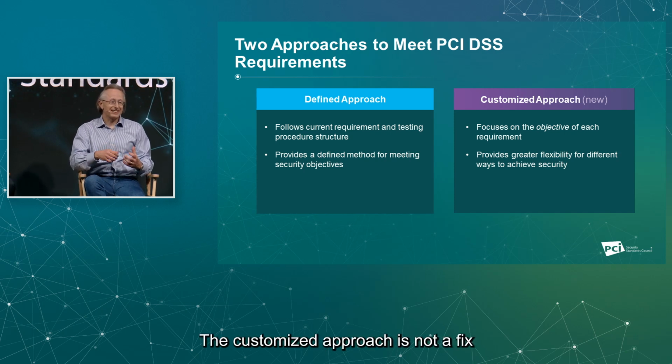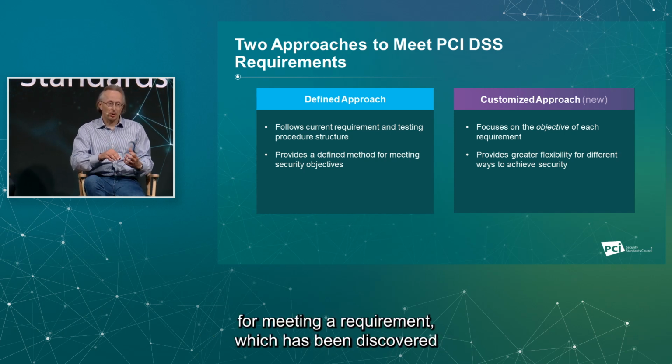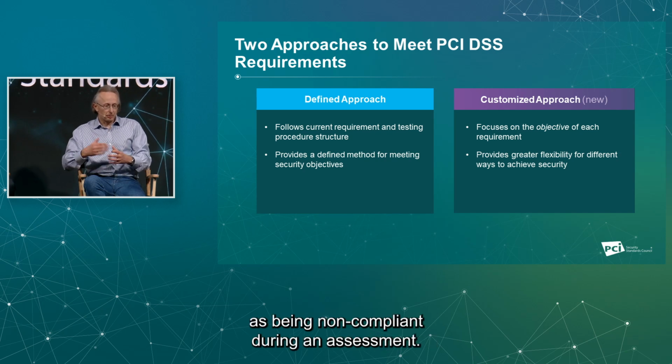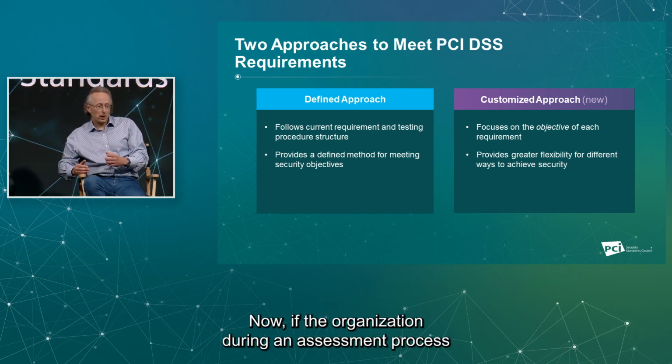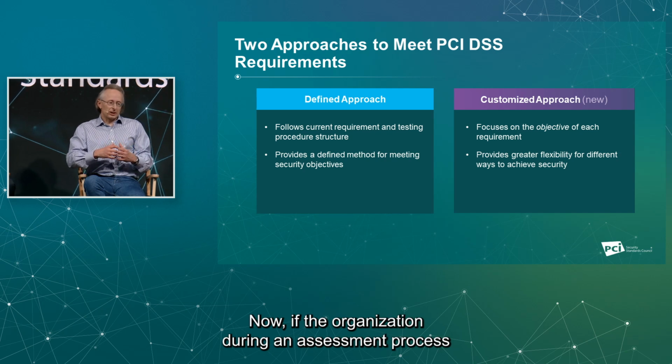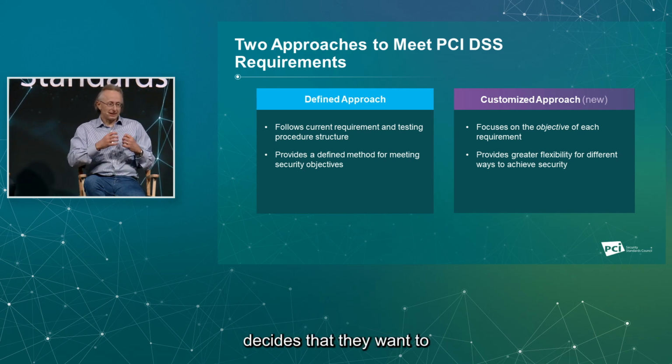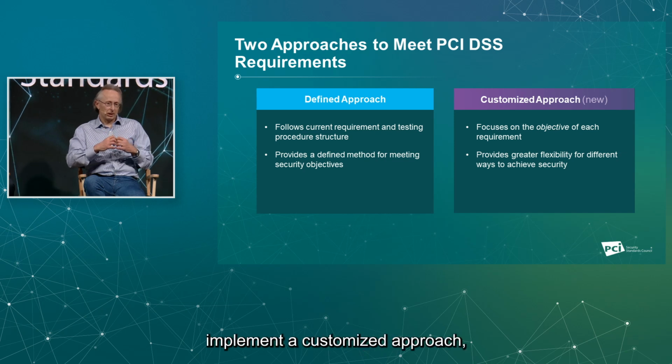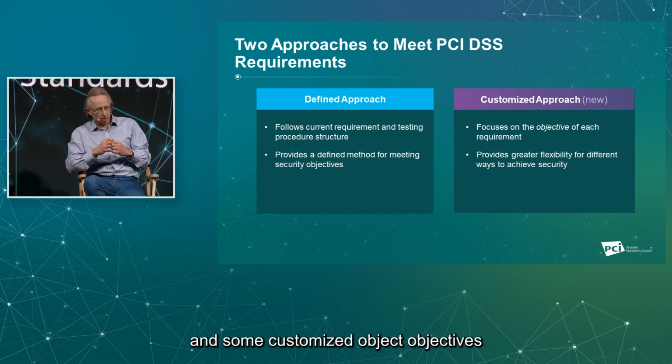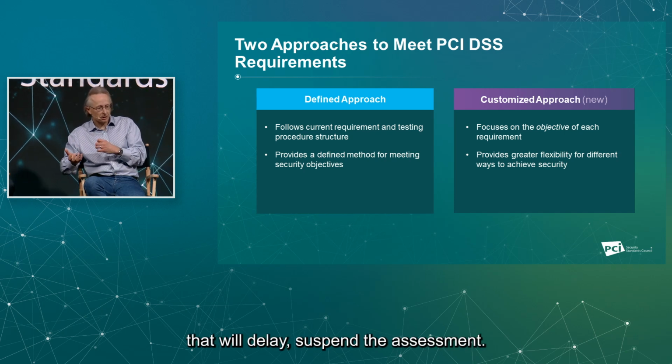The customised approach is not a fix for meeting a requirement which has been discovered as being non-compliant during an assessment. Now, if the organisation during an assessment process decides that they want to implement a customised approach and some customised objectives, that will delay, suspend the assessment.